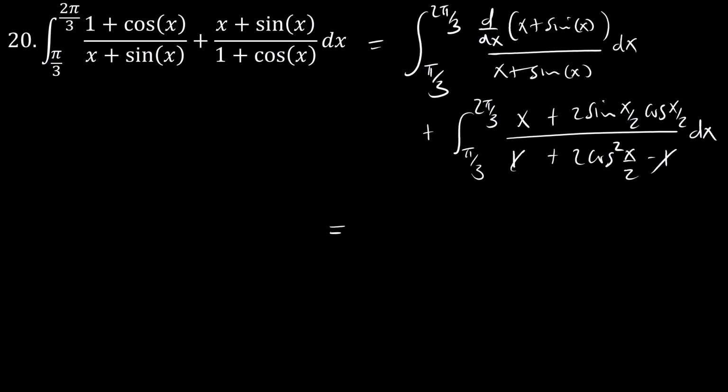So when we have a function that consists of a numerator that is a derivative of the denominator, when you integrate that, it's easy to just say that is the same as log of the function in the denominator, and that's what we are doing here.